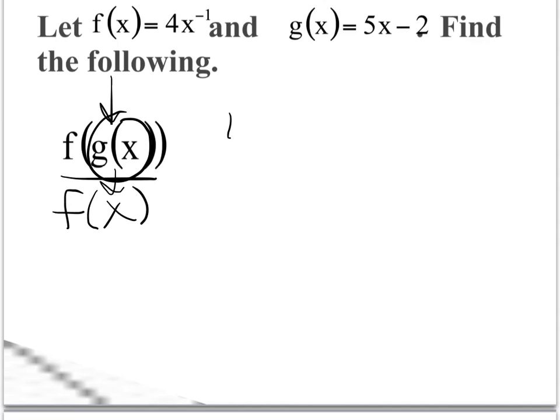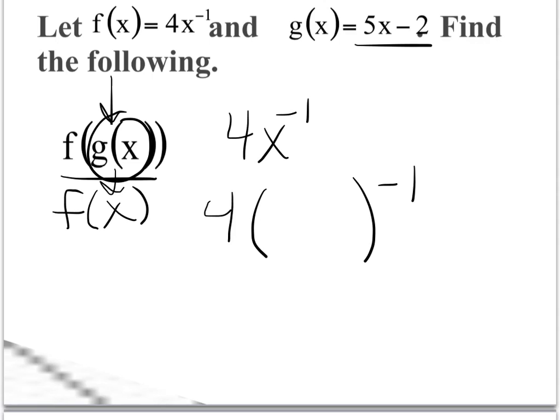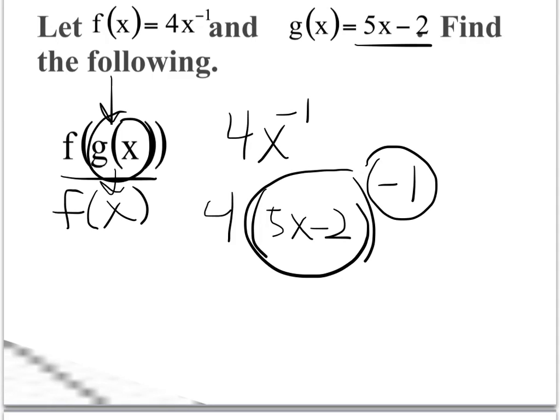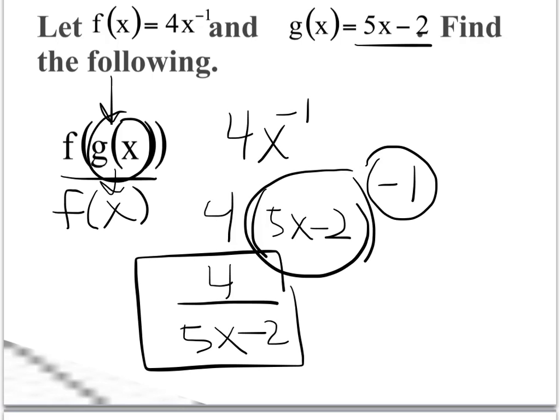So we take f of x, we take out the x, and we plug in g of x. So we get 5x minus 2. And we simplify. So we have a negative exponent here, so this whole thing needs to go in the denominator now. So we end up with 4 over 5x minus 2. And I can't simplify it any further, so we're going to leave it like that.